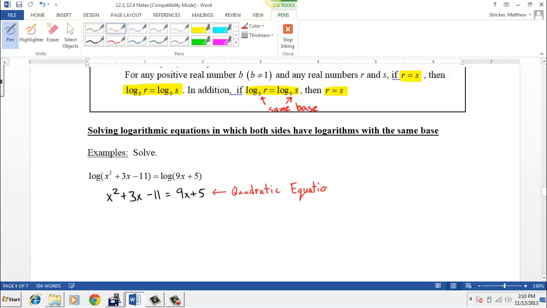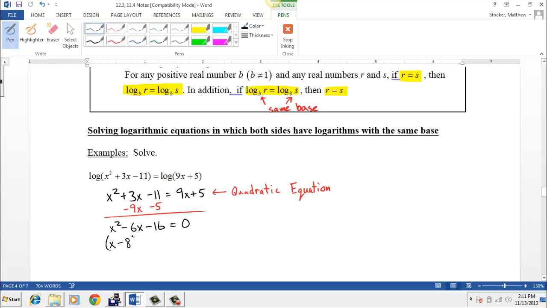What do we do? We get everything on one side of the equation, so I could subtract the 9x over, subtract the 5 over, and end up with x squared minus 6x minus 16 equals 0, which it turns out in this case is factorable.